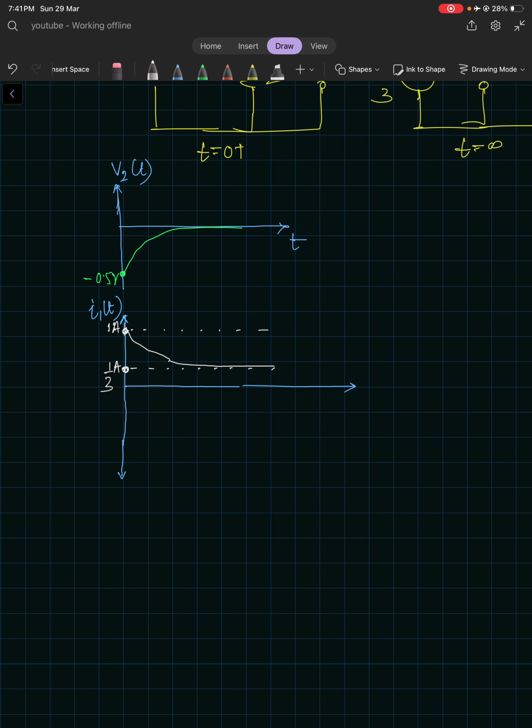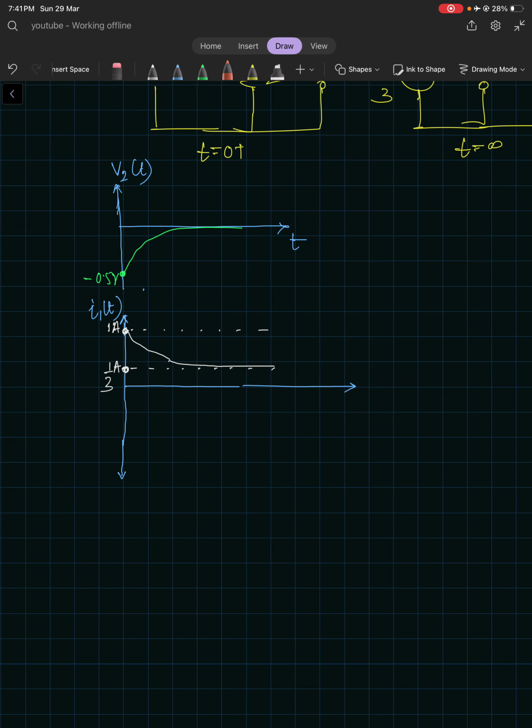And if I need to draw the value of I2, I2 was starting from 0 and it was going to minus 1 by 3. Suppose this also represents I2 in the same graph, let me take a different color. Green would be better.